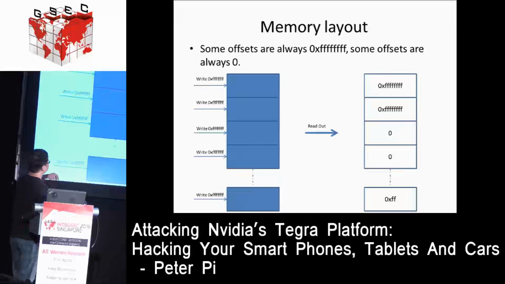The memory layout is like this. We write a magic number to the register and then read out. We found in some offsets it's always the magic number we write, in some offsets it's always 0, and other offsets have some random value.